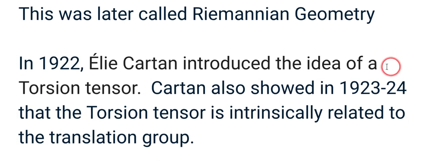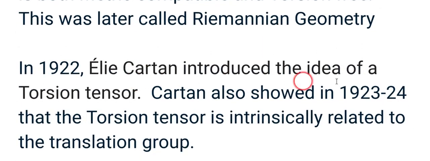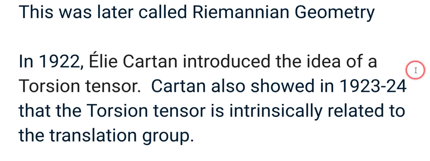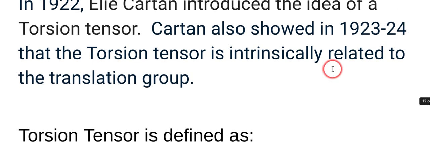Then, in around 1922, Élie Cartan introduced the idea of a torsion tensor. So this is way after these guys. Cartan showed around this date that the torsion tensor is intrinsically related to the translation group. I'm not comfortable enough with what that means to explain it. I welcome you to look it up, but it is a rabbit hole, I'm warning you.